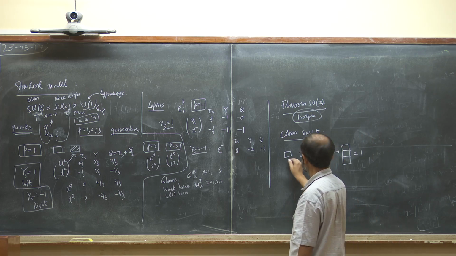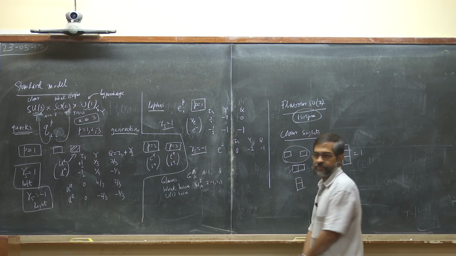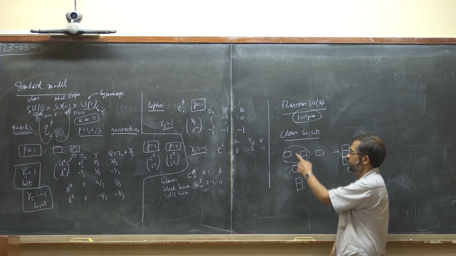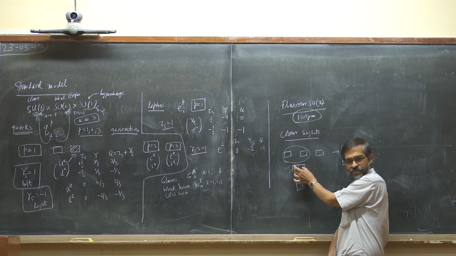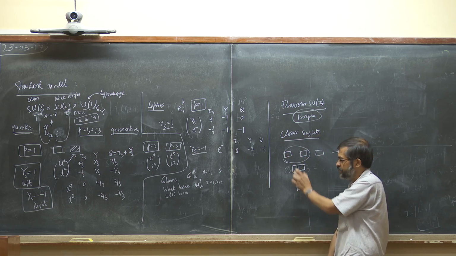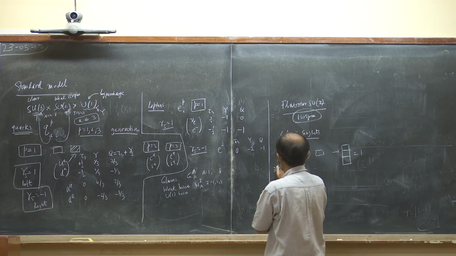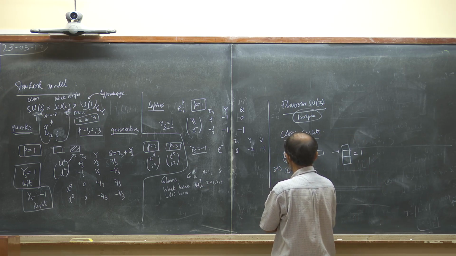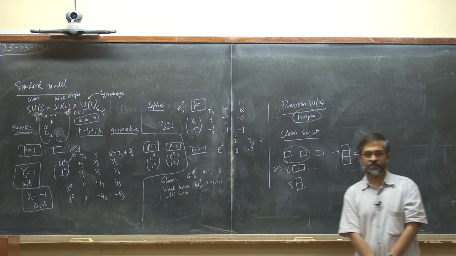So 3 cross 3 has this representation and this representation, clearly by Young tableau methods. You can work out by the Weyl dimension formula that it's actually a 6-dimensional representation, and this is 3 bar. So 3 cross 3 gives you a 6 and a 3 bar. 6 is the symmetric one and 3 bar is the antisymmetric one.